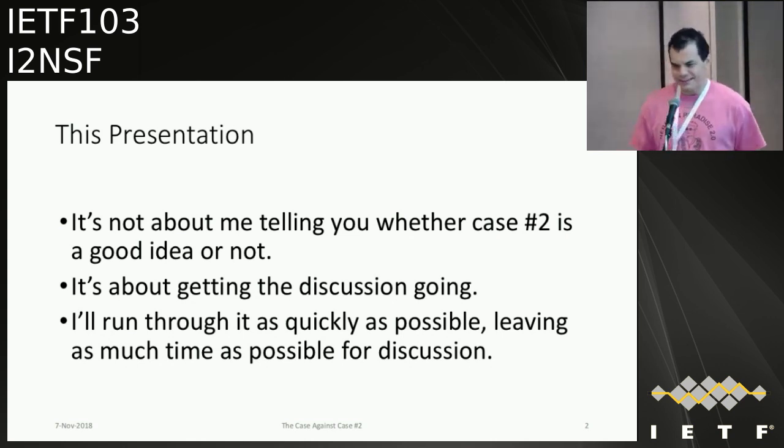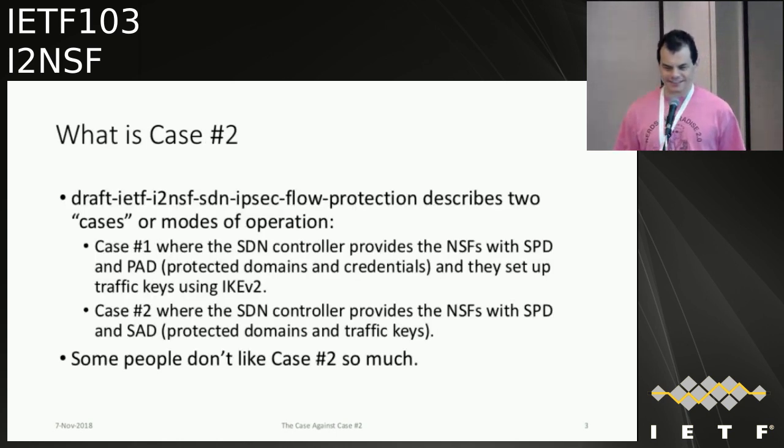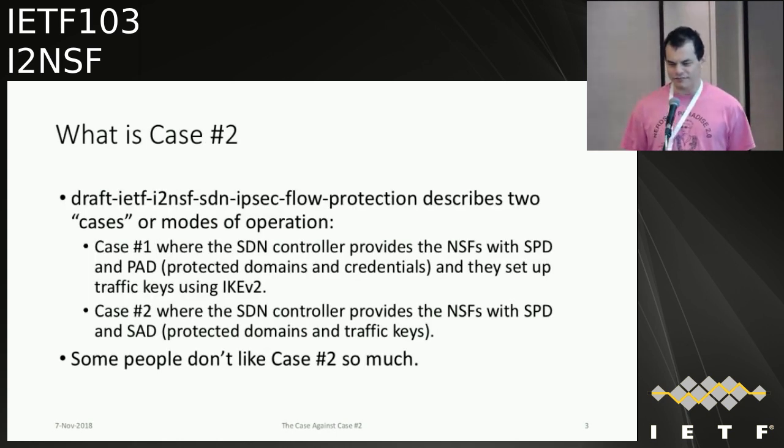Okay. So what is case number 2? The draft, IETF103-I2NSF SDN IPsec flow protection, long one, describes 2 cases or modes of operation. The first is where the SDN controller provides the NSFs. NSFs are like IPsec gateways with SPD and PAD. For those not versed in IPsec, SPD is the security policy, like what is the protected domain, what algorithm you should use.